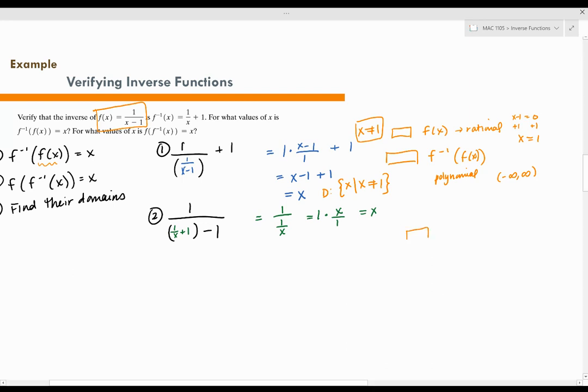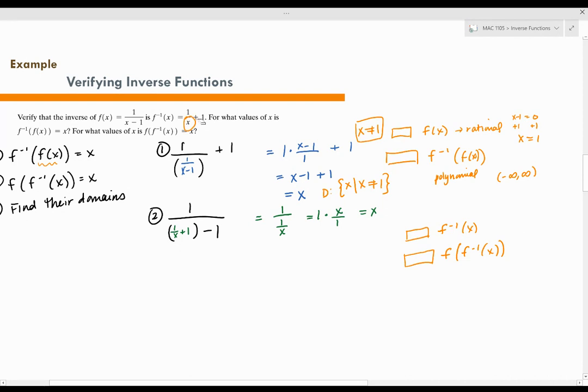All right, let's find the domain for the second one. If we think about the filters again, for the second one, the inverse is the inside function, so it's going to be our first filter, and the composite function is the second filter. Our first function for this one is this guy here, which is still a rational because our x is in the denominator, so it looks like a fraction. So we can choose anything we want as long as this denominator does not equal 0.